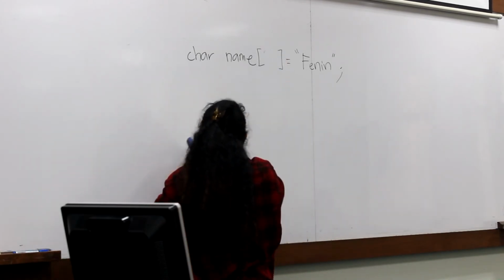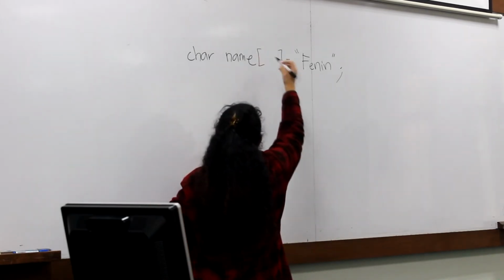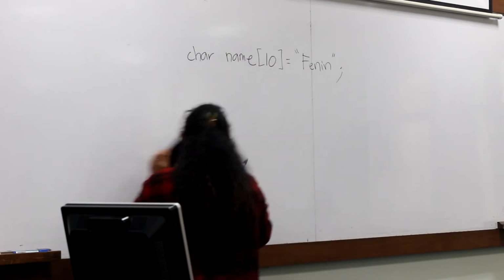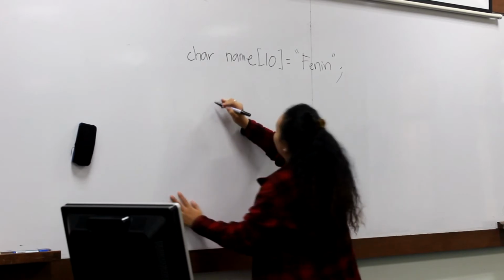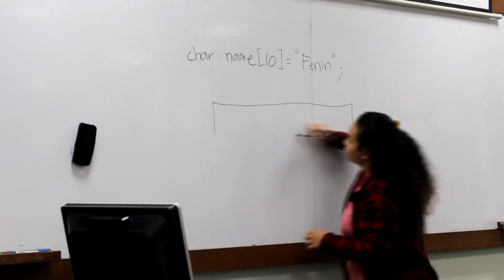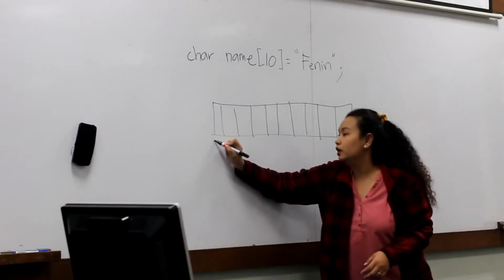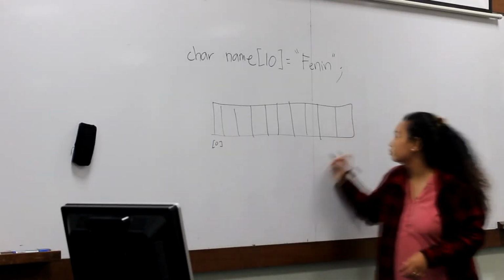I want to show you how it looks. 1, 2, 3, 4, 5, 6, 10. Right now, the array looks something like this. I will have 0 to 9.